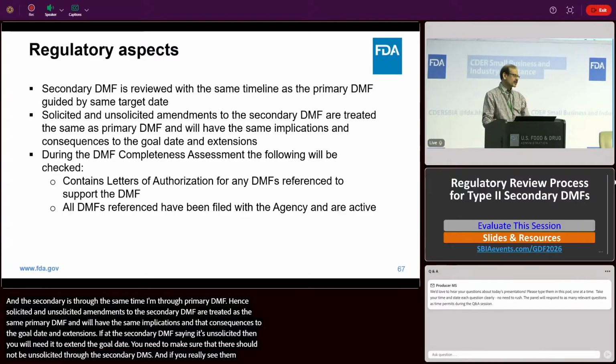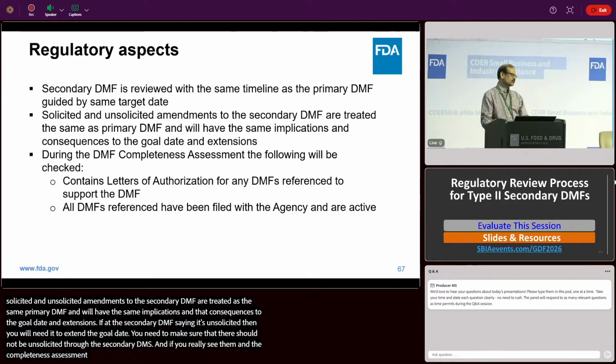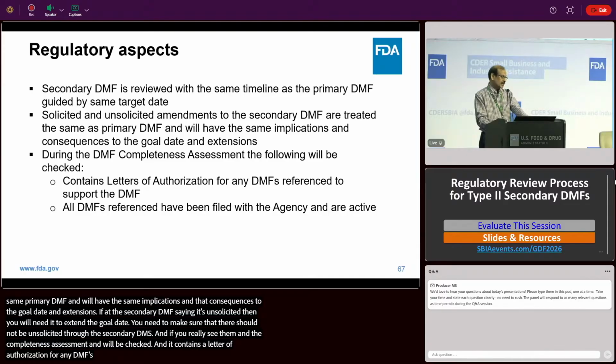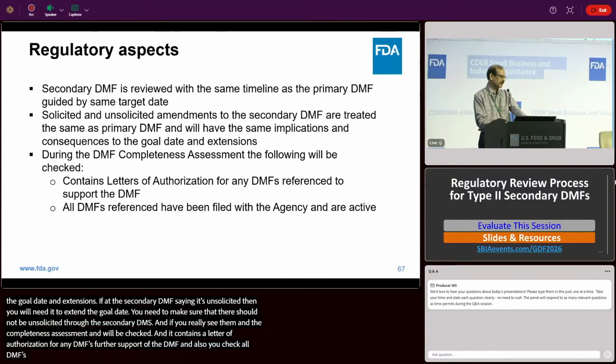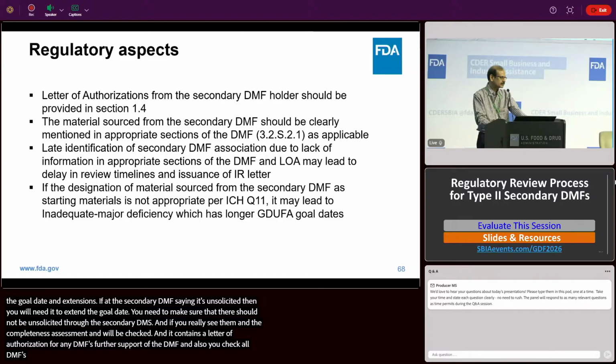During the DMF completeness assessment, the following will be checked. Whether the primary DMF contains a letter of authorization for any DMFs referenced to support the DMF, and we also check that all DMFs referenced have been filed with the agency and are active. As Deborah indicated, the letter of authorization from the secondary DMF holder should be provided in section 1.4.